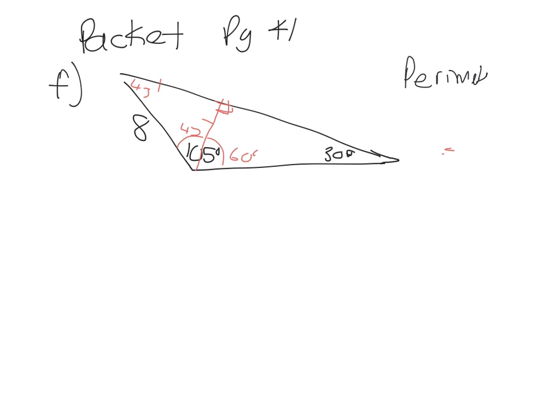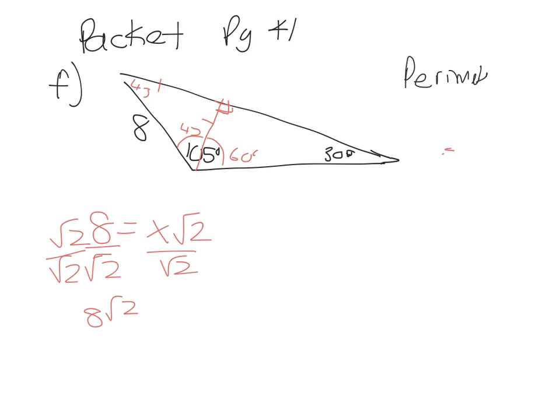And we're given 8, the hypotenuse of the 45, 45. So the hypotenuse is equal to a side times radical 2. Divide both by radical 2 and rationalize: 8 radical 2 over 2, which is 4 radical 2.